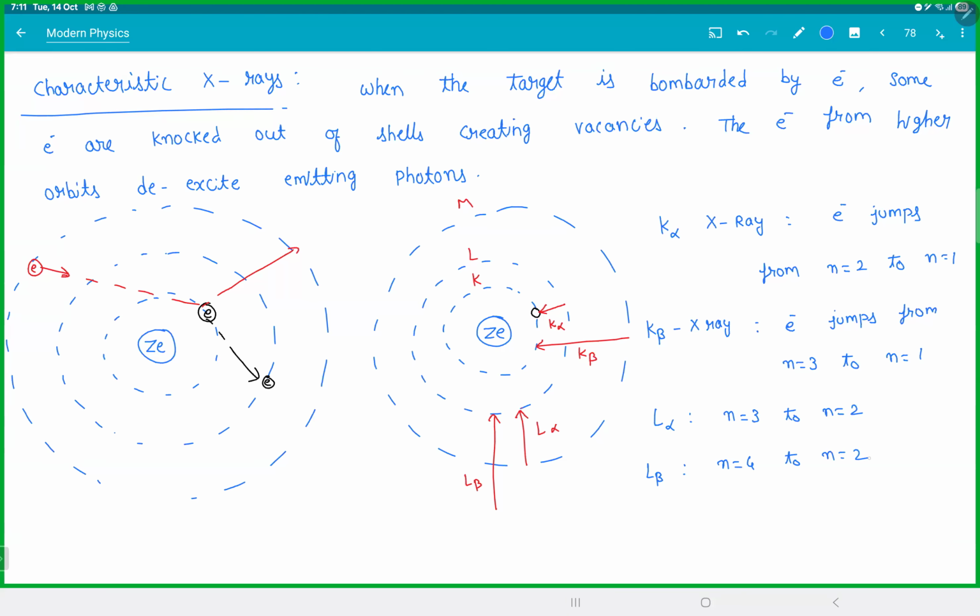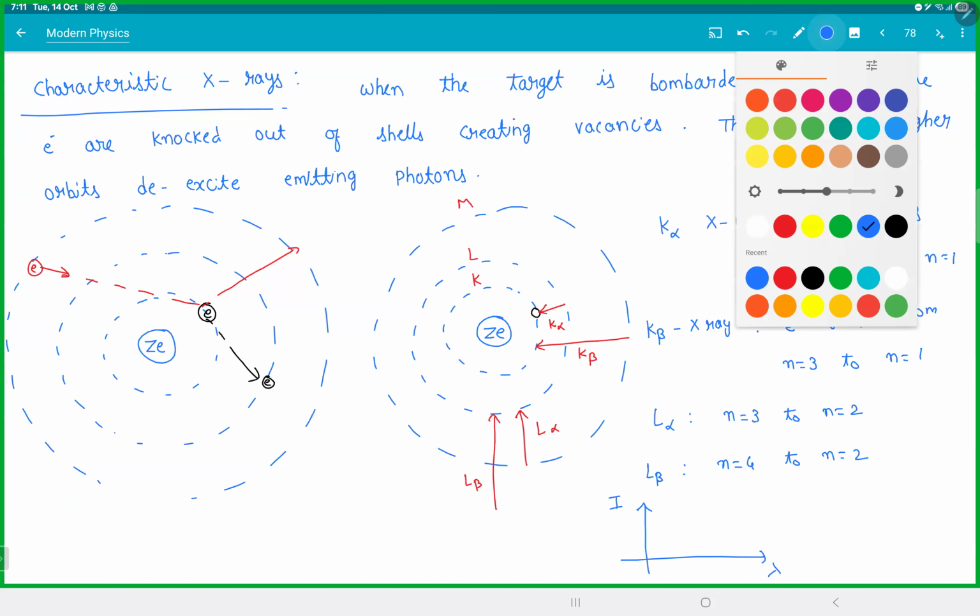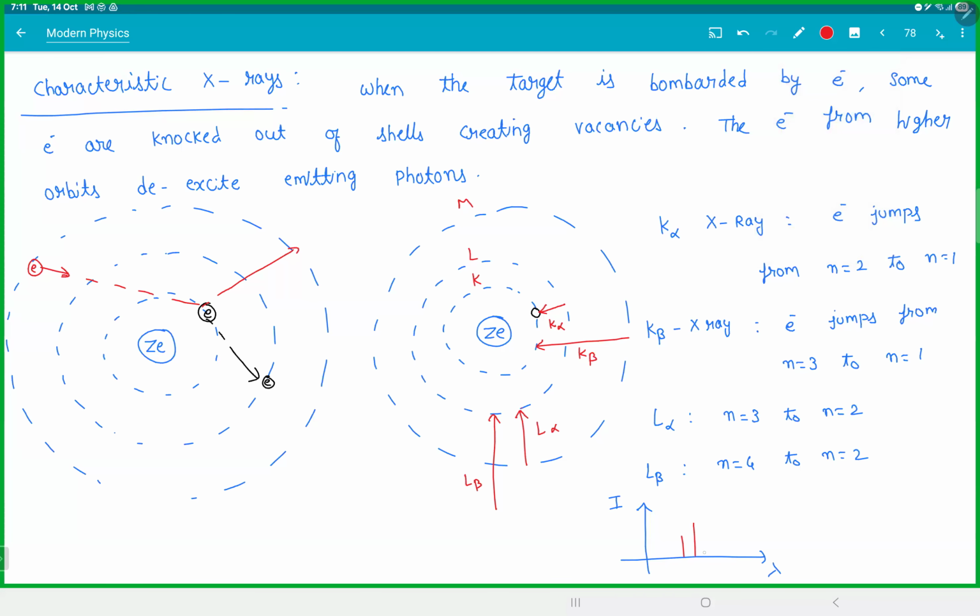That is, you can read them. Now, if you try to actually plot a graph for intensity versus wavelength, you will notice there are only 4 wavelengths, isn't it? We just got 4 lines here. K beta, K alpha, L beta, L alpha. We will talk about that. So if you see, we get only 4 specific wavelengths.